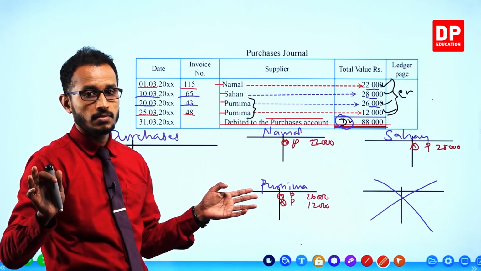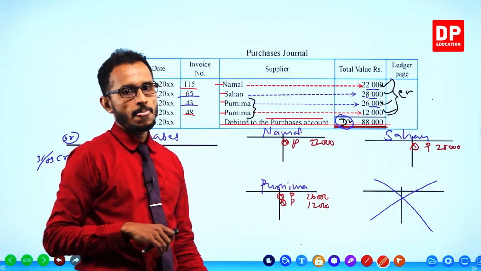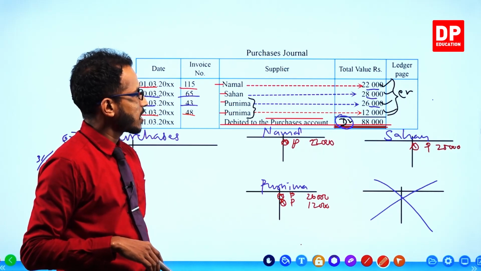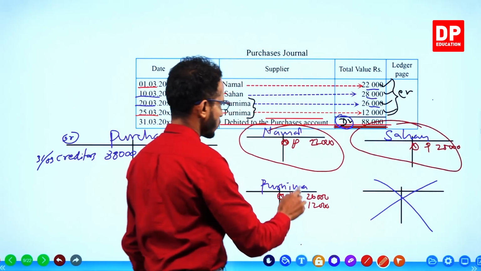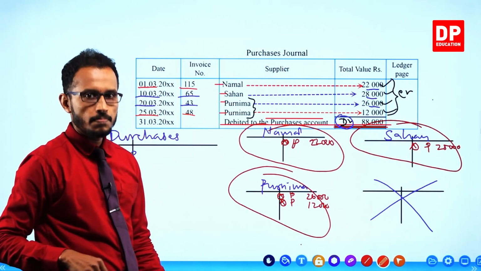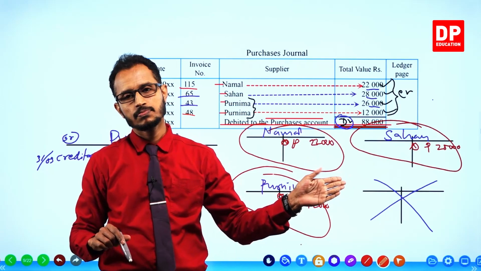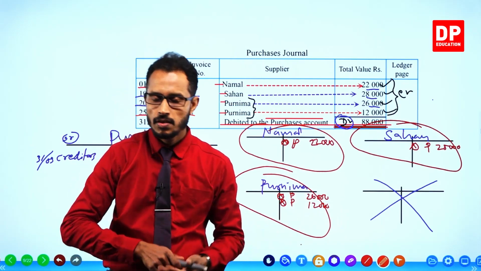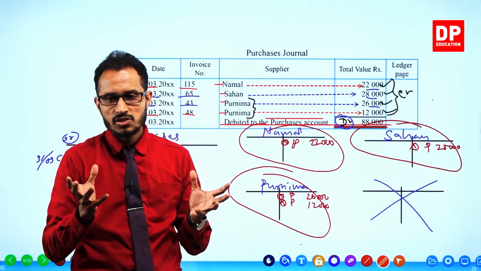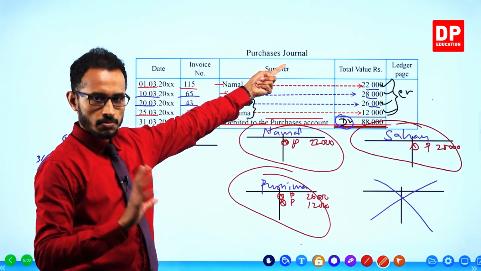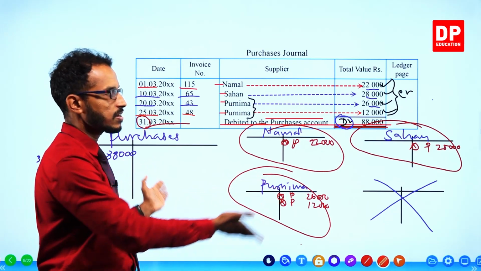Okay. Double entries recorded. Each individual creditor should have an individual account, and those individual creditors' accounts should be credited. Purchases account is debited. That is how you transfer the information in the purchases journal at the end of the month to the ledger accounts.